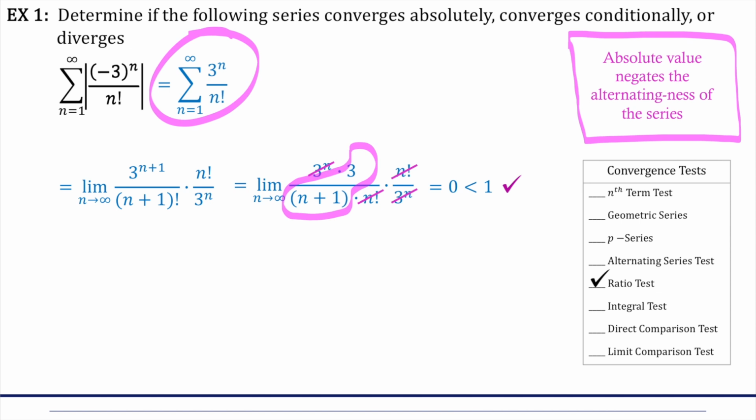So according to the ratio test, the 3 to the n over n factorial converges. When I took the alternatingness off, I still had a convergent series. So the original alternating series converges absolutely because it doesn't matter if it's alternating or not.